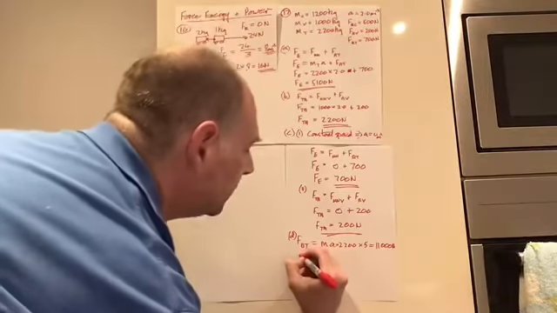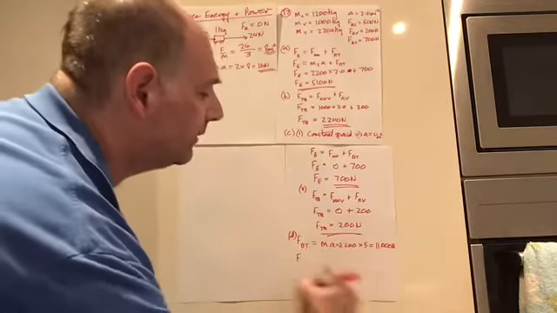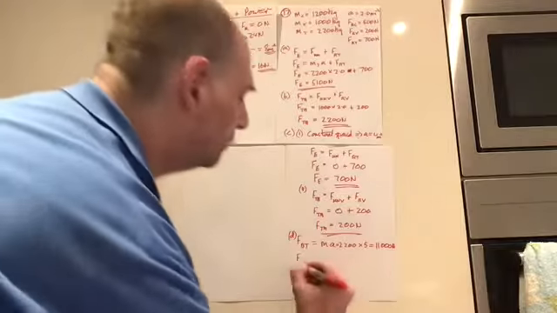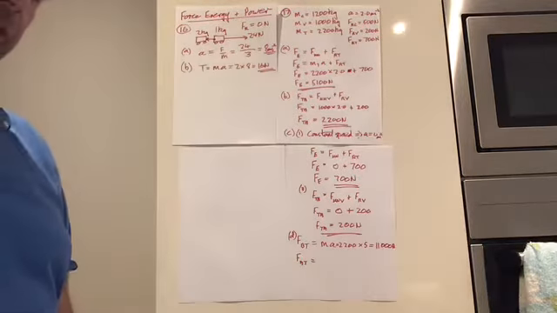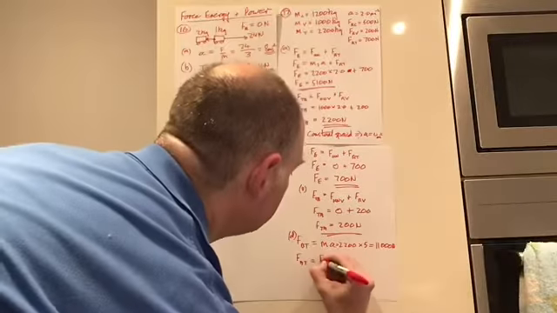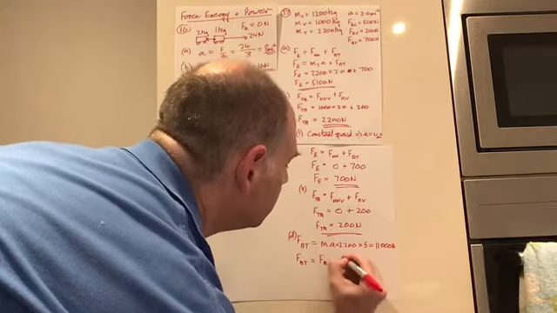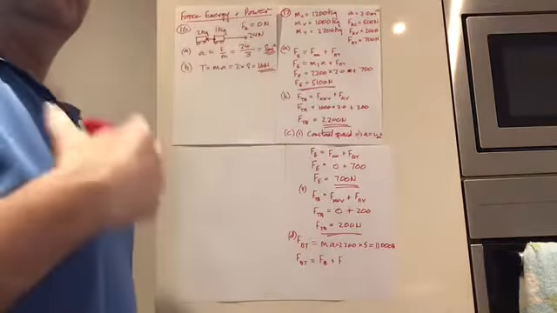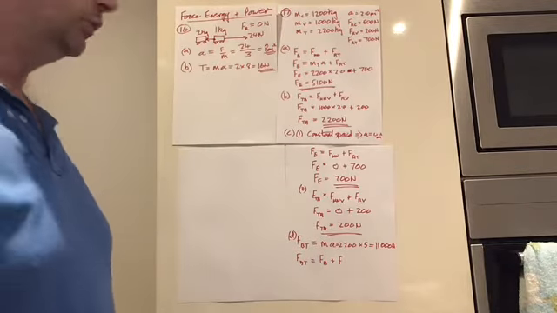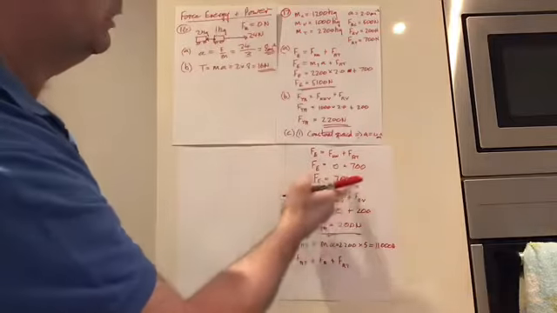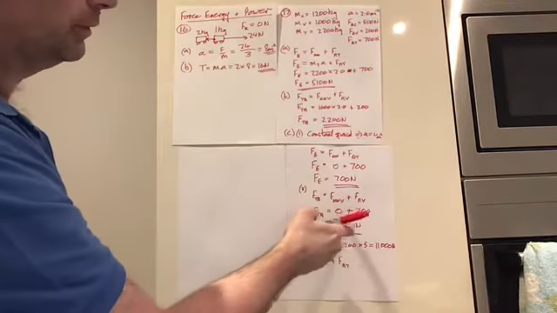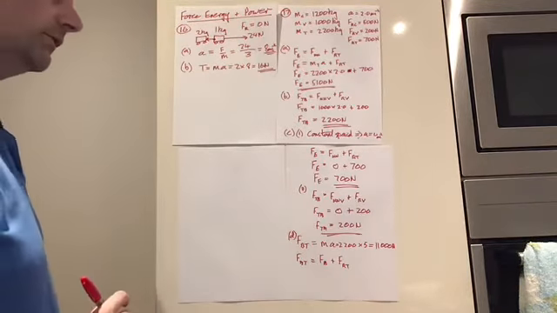And then we need to apply some logic. What's creating this total braking force? It's going to be a combination of the force from the brakes plus, remember, the frictional forces always oppose the motion, so they'll have a braking effect as well. That's why we still had 700 newtons there and 200 newtons there, even though it was travelling at a constant speed.